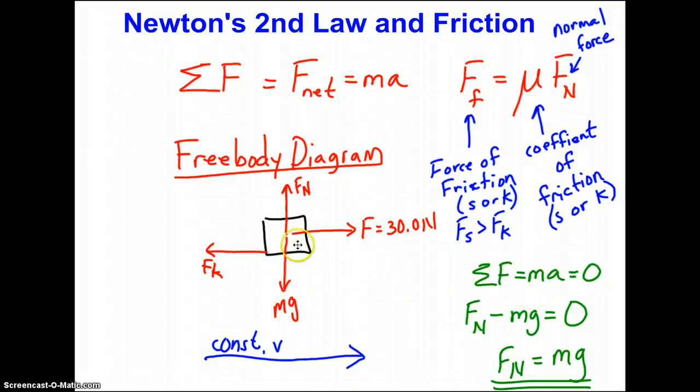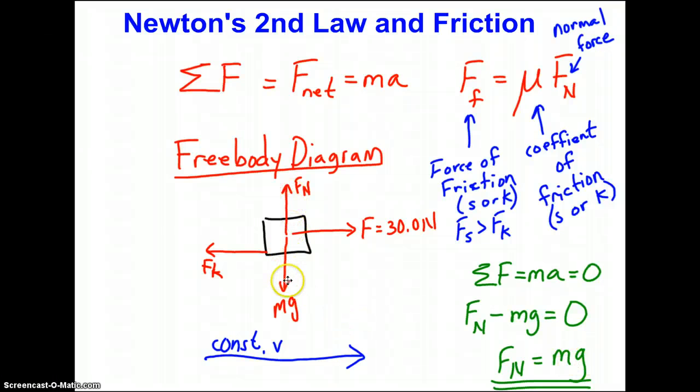And you'll note that this object is not accelerating vertically, so the a value is 0, making the product of m and a also 0. So the summation of forces would be Fn minus mg equals 0. Well, clearly if we add mg over to the other side, the normal force is equal to the weight.